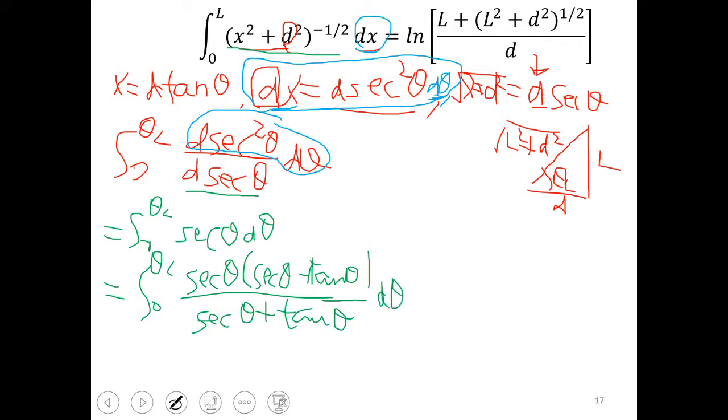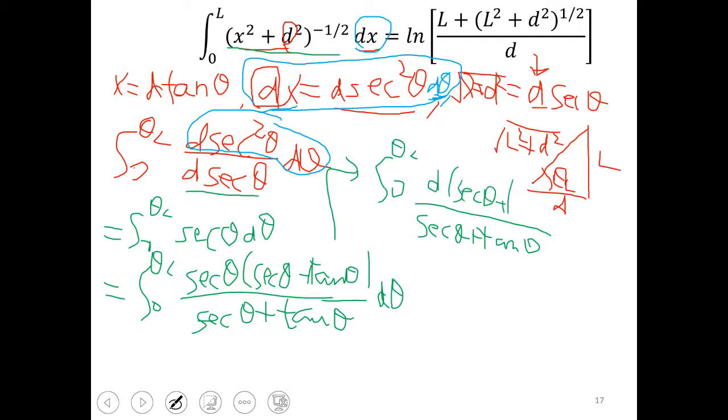So it will become like this, and it will become log of secant theta plus tangent theta, from 0 to theta L.